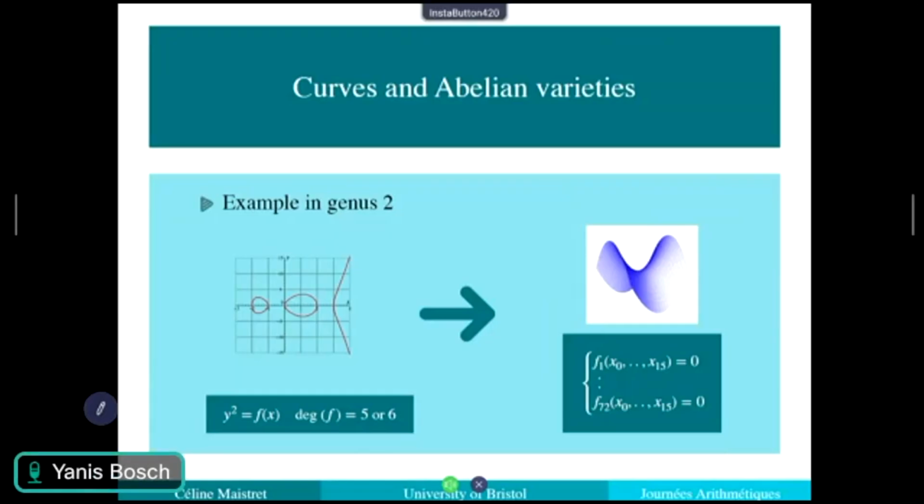And you associate an abelian surface, its Jacobian. If you want to study it in terms of defining equations, you're going to have to stare at 72 equations in 16 variables. And that's a lot. Some people do that, and it sometimes works, but it's difficult.